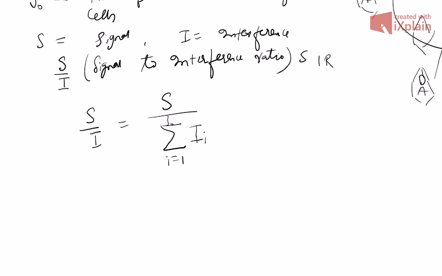S is the desired power signal from the desired base station, and Ii is the interference power caused by the ith interfering co-channel base station. Okay, so mind it that I is the power of the interfering base station. See, the mobile signal will not reach. It is actually the base station signal which will reach, because the mobile signal is very weak. The base station has very good power, so the base station signal can reach.